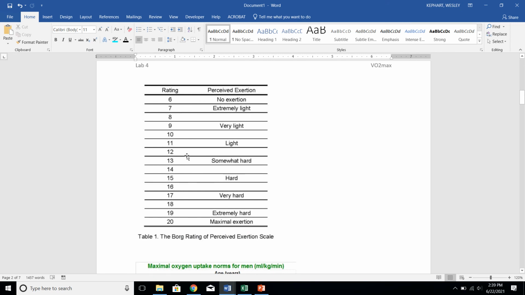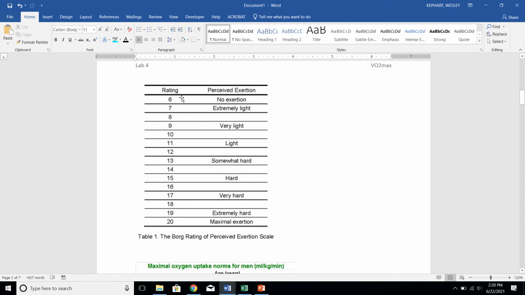So if you're working at something that is somewhat of a jog, that would probably be somewhere around 13 or 14. If you're really pushing it, maybe a 16 or a 17. One good way to assess where you're at is your average heart rate during the duration of whatever exercise you're doing.